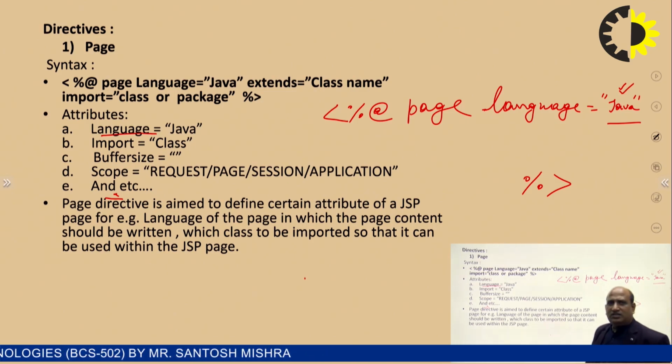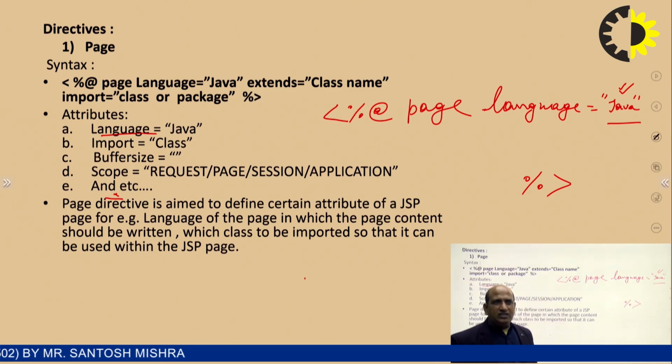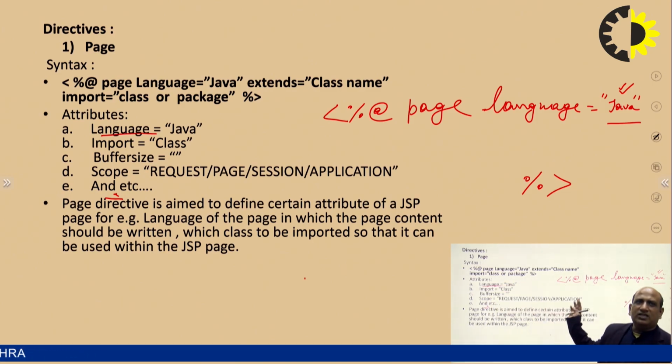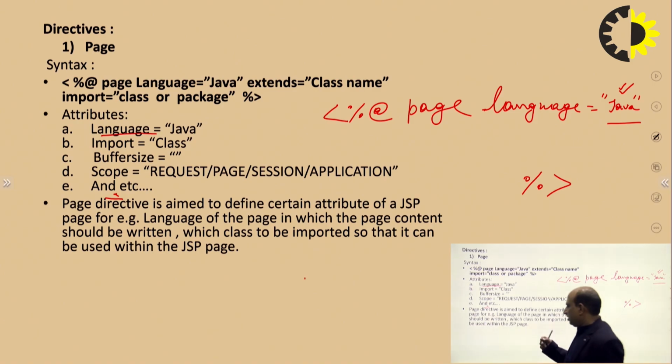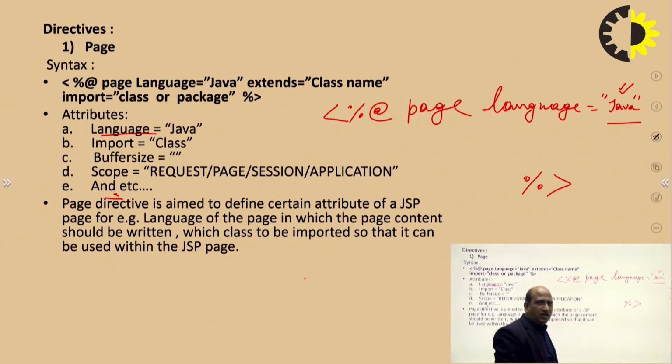In JSP, for making things dynamic, you can use any language that is compatible with your system. By default the language attribute contains Java.